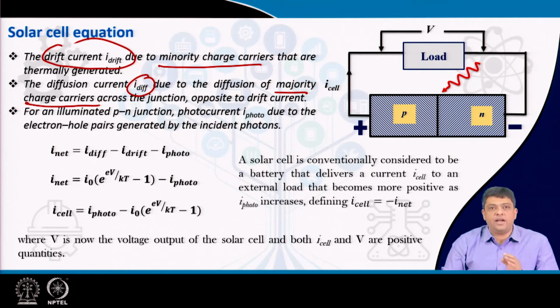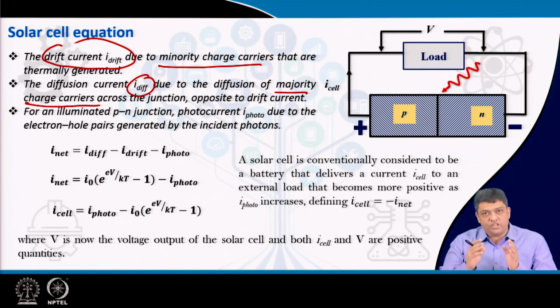So, diffusion current is associated with the charges that flow across the junction, whereas the drift current is associated with the minority charge carriers which are obtained due to thermal energy.